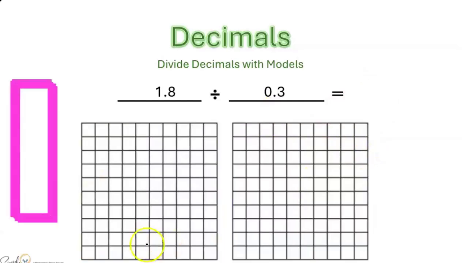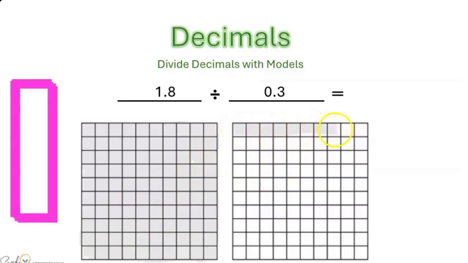And let's try one last problem. 1 and 8/10 divided by 3/10. All right, so I'm going to shade this again so you can see it. We need to shade the whole, one whole, because this stands for the one whole in 1.8. And then I'm going to have to shade 8/10 of the next one.